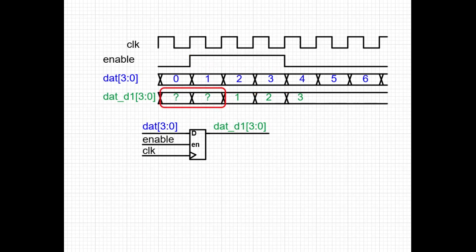We don't know here what the outputs are before the enable goes active, since we don't know what they were when the enable previously went inactive. We do know, though, that when this enable goes inactive, the output is frozen at the last value, 3.